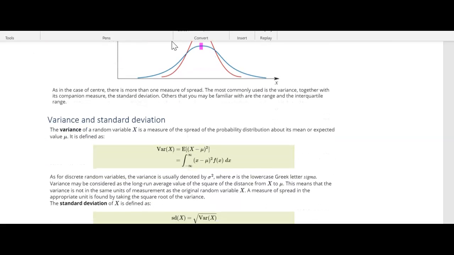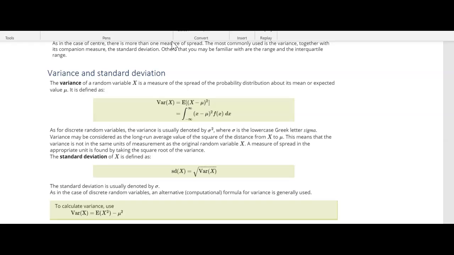With your variance, we use this formula here. x minus the mean, remember mu equals the mean, times f of x.